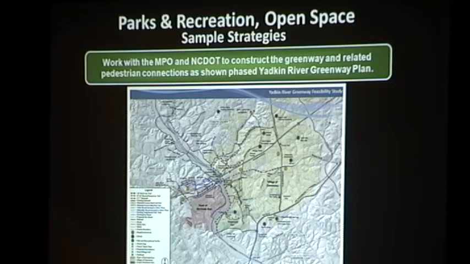And that plan involves having a greenway sort of along where the soccer park area is and coming into town, that's staying up basically on this side of the river. And also connecting the different pedestrian amenities in the town to that greenway and interconnecting the town in that way. So that strategy would be to work with the Metropolitan Planning Organization and NCDOT to construct the greenway and related pedestrian connections as shown on the phased Yadkin River Greenway Plan.